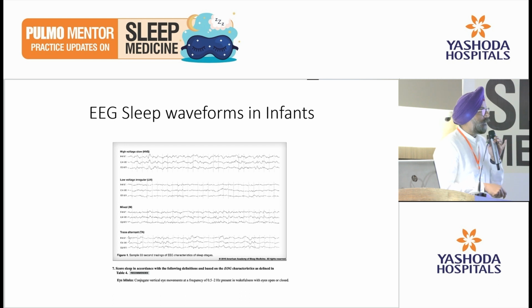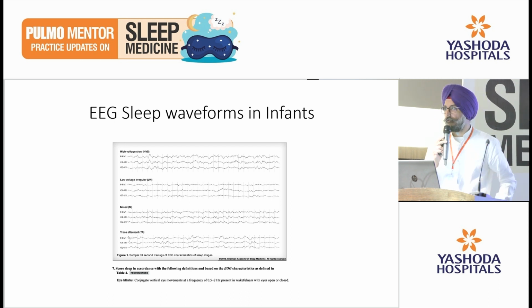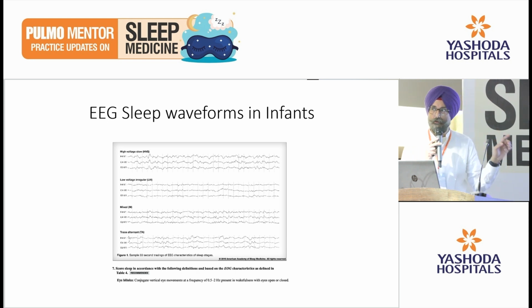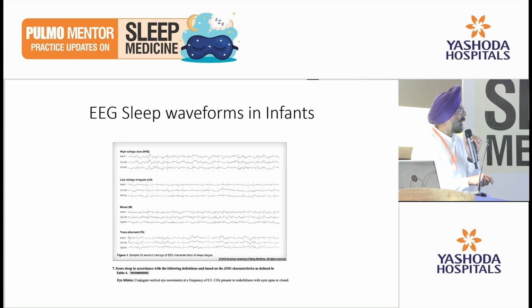Now, if you are scoring in infants, the American Academy of Sleep Medicine defines infant as the first 2 months of life. So if you're scoring an infant's sleep study, there are additional waves called high voltage slow waves, low voltage irregular waves, mixed waves, and trace alternant pattern, which you have to identify for doing the sleep staging.